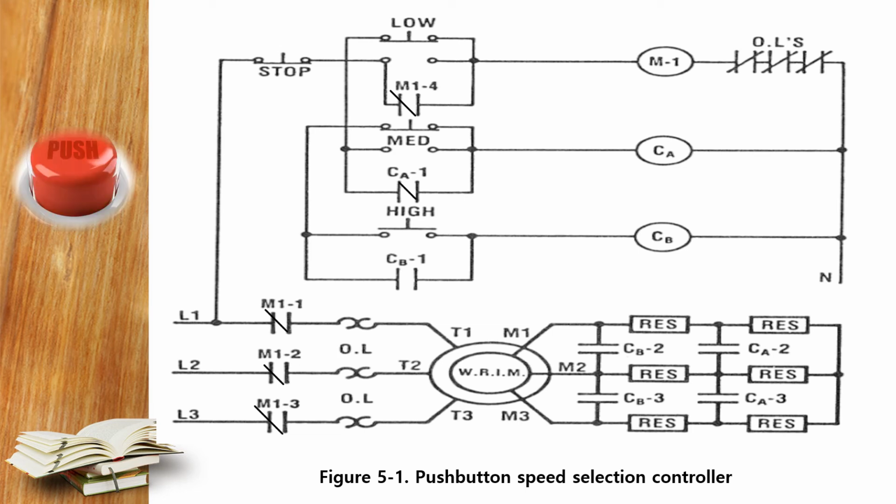And when the CA, or medium speed push button, is pressed, CA is energized, closing its holding contact in the control circuit, while in the power circuit, CA2 and CA3 are not closed. And this is the case we just had during the fault.